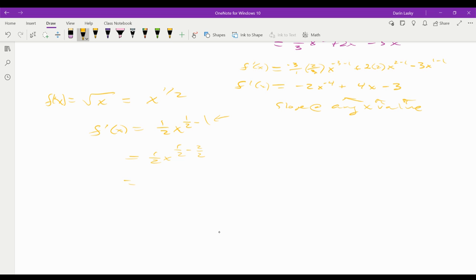So then we get 1/2 x to the 1 minus 2, which is negative 1/2. Now, the answer may not be there. You may have to rearrange this. So the negative 1/2 makes this go to the bottom. So my actual answer in its fully simplified form is 1/2 root x on the bottom.